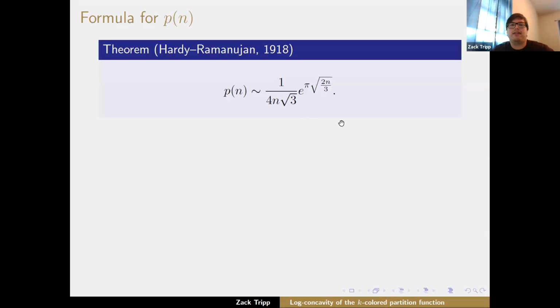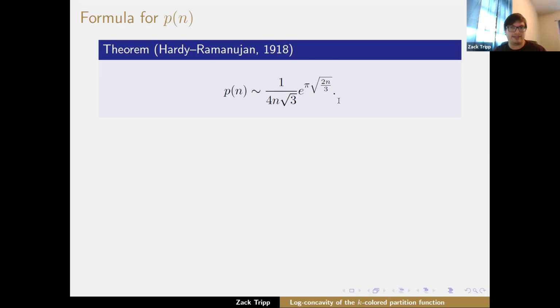So first of all, Hardy-Ramanujan in 1918 gave this asymptotic. Essentially, it's 1 over n times e to the square root of n. Yeah, I'm leaving out a few constants. But you should think of this as a sub-exponential. And it's maybe a little more complex than you might have expected, but this is still a really nice asymptotic. And in fact, Hardy and Ramanujan actually gave a full asymptotic expansion.